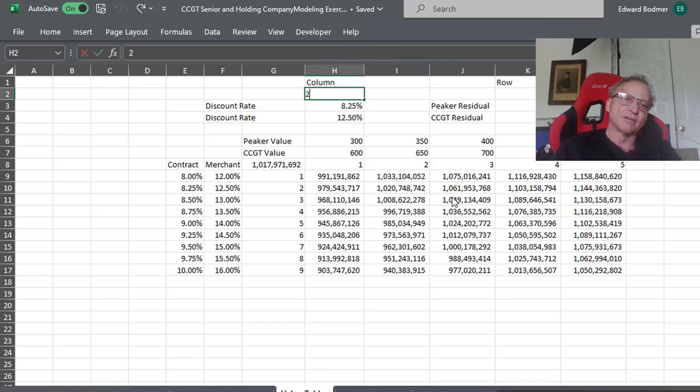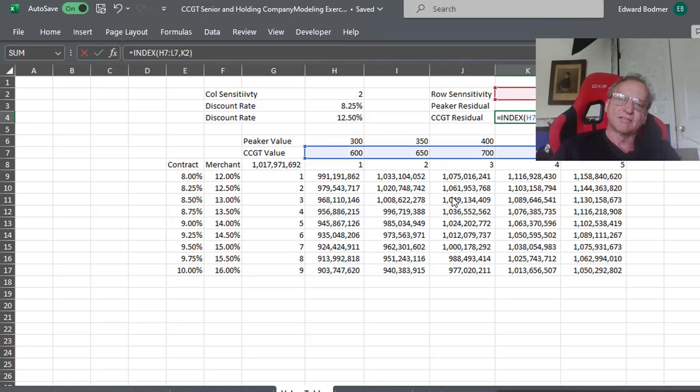Everything's driven by a row number and a column number. Okay, we could put column sensitivity. How about this? And then we could put a row sensitivity. And in this way, we can do two variables at the same time. So in this way, this index is going to put 300 and 650 and this rate and this rate.